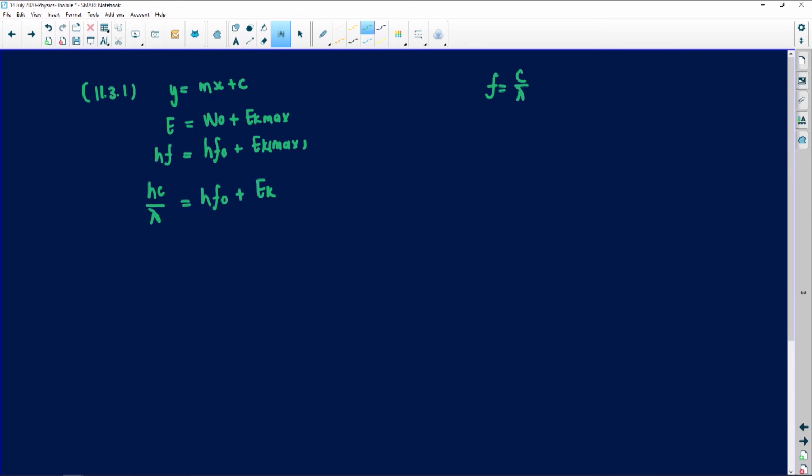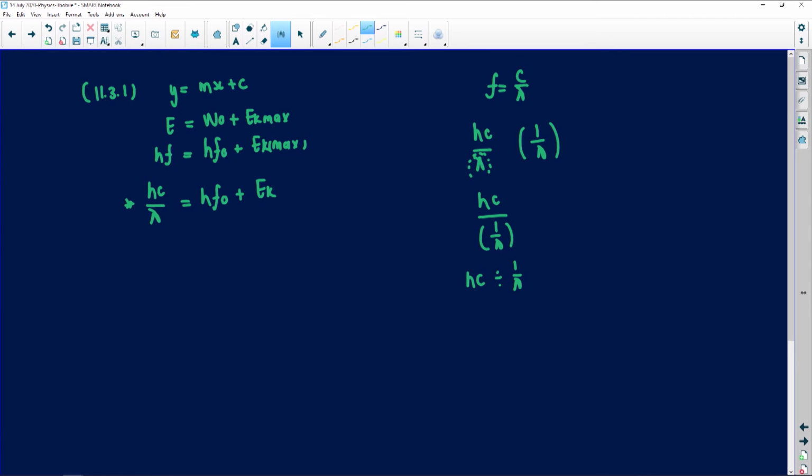I don't want to skip steps here. I want to show you where this comes from. I'm also now going to do this part here on the side. If I have hc over lambda, but I was told that with lambda, we are using the inverse, which is 1 over lambda. Remember, that's what we are told. I can then say hc is over 1 over lambda. But then I'm going to change this to hc is divided by 1 over lambda.